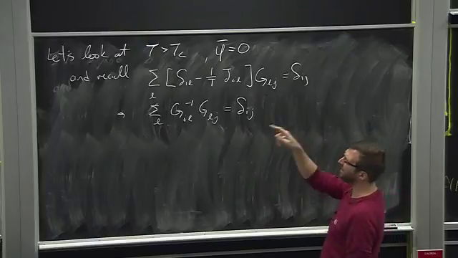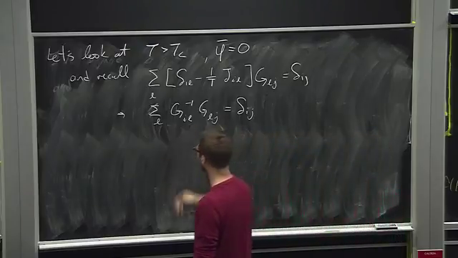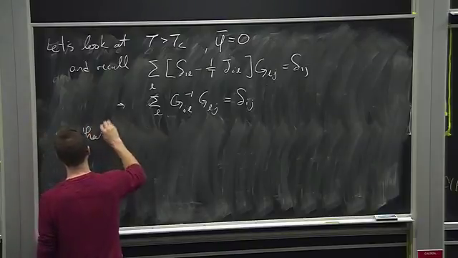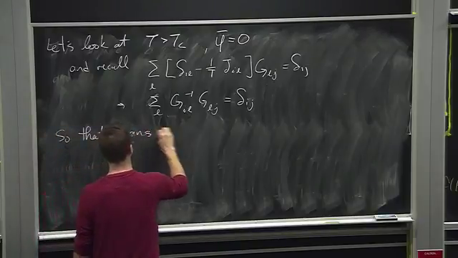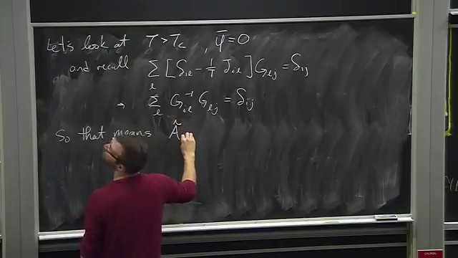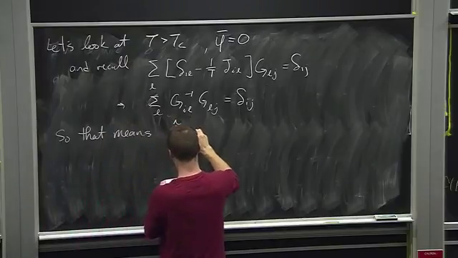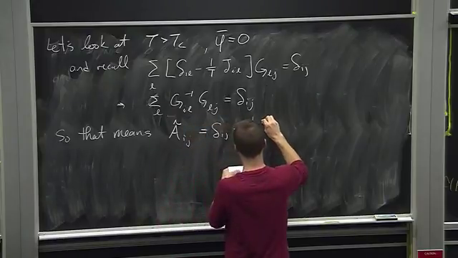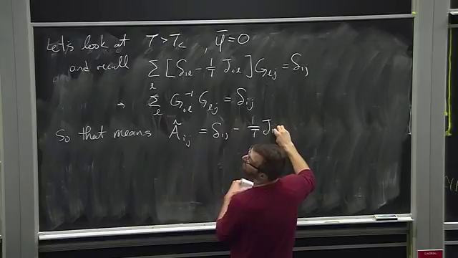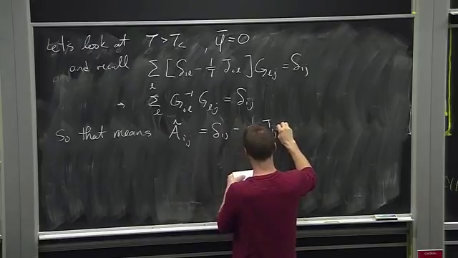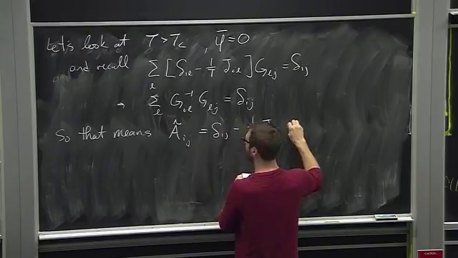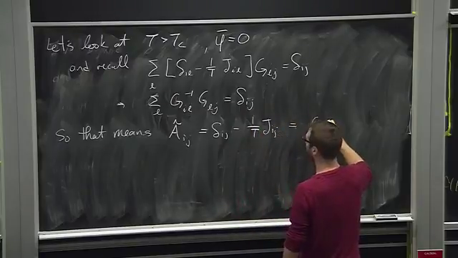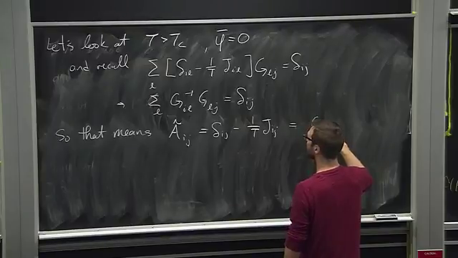So that means that my A tilde is just this inverse correlation function. I'm going to write J_ij because phi bar is 0. So then that's just this term here, which I'm going to call G_ij inverse.